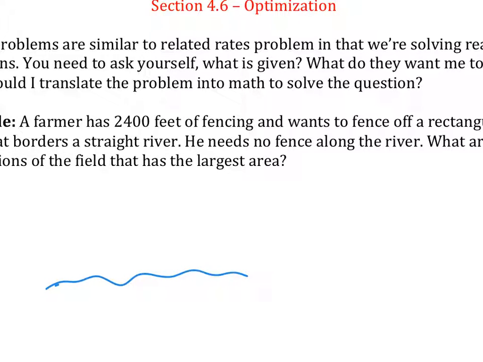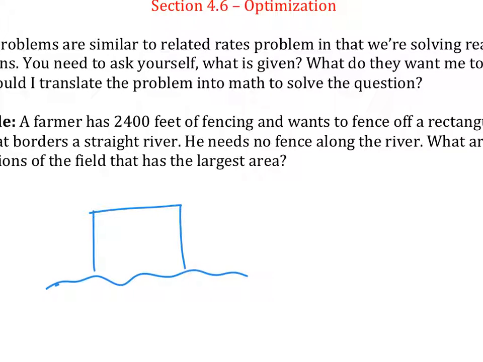He has this river. He wants to build a fence along the river. He doesn't need any fence on the side that has the river because he says the river is good enough. So he wants to figure out what's the dimension of this rectangular area so that he can use up all 2,400 feet of fence, but he will get the largest area.